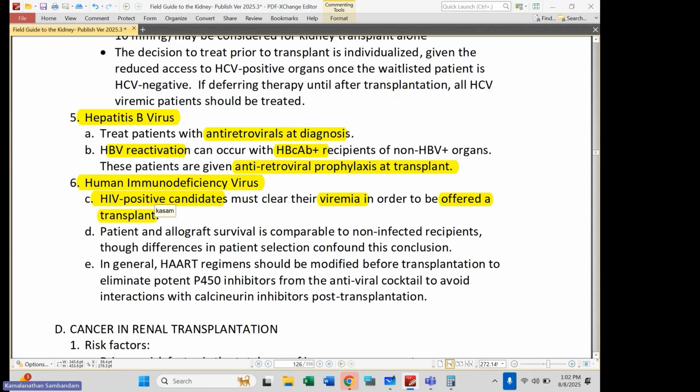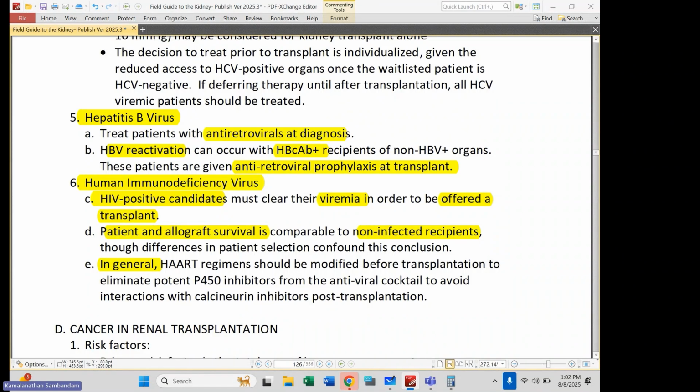And it looks like survival rates, allograft and patient survival rates, seem to be similar to non-HIV infected individuals. However, this is a highly selected population. You've got to keep that in mind. So they're generally going to have less comorbidities.